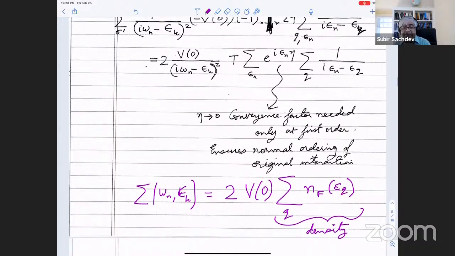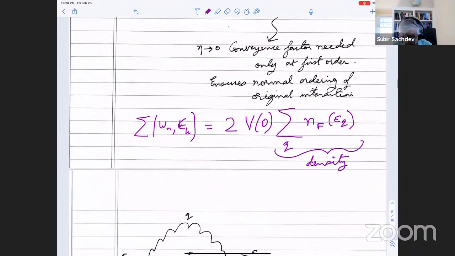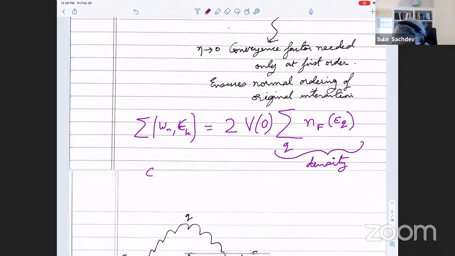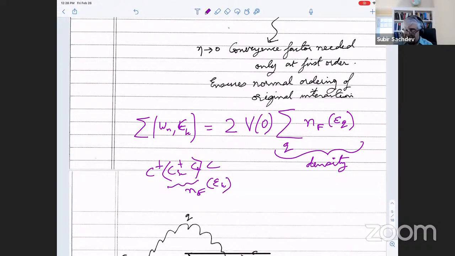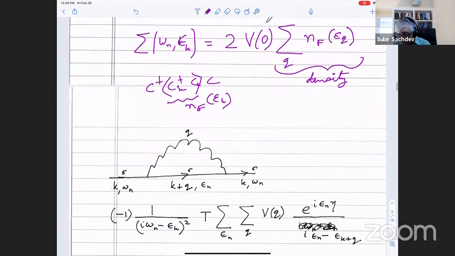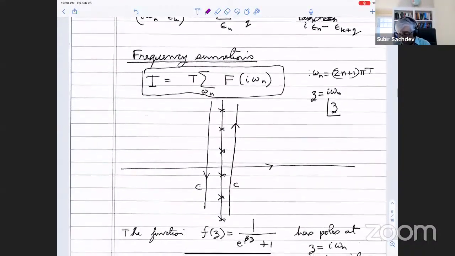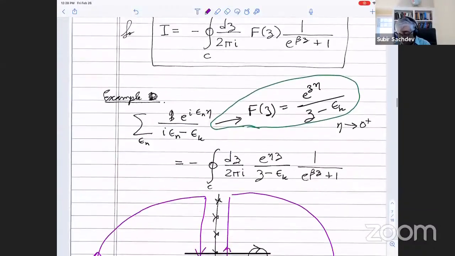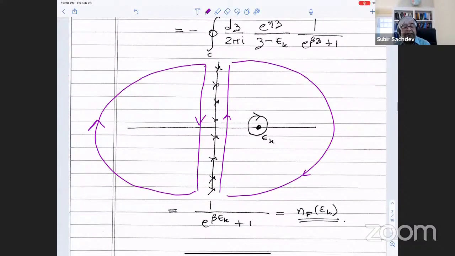That's the Hartree contribution. In the Hartree contribution, you remember you did things like this: C dagger, C, C, and you average this to get the correction. And what is this? It's just the Fermi function NF of Ek, where this was K and this is K. So that's all it is. You get all that hard work from contour integration and really fancy stuff.